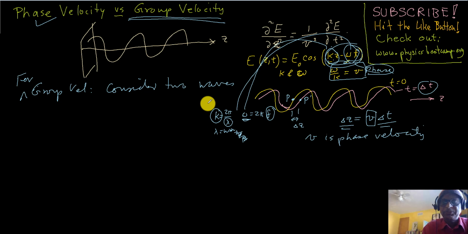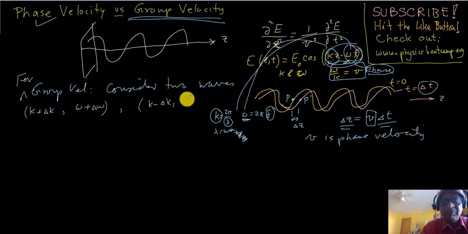Okay, so we have a wave with frequency omega plus delta omega and wave number k plus delta k. The other wave will be k minus delta k and omega minus delta omega. So our light consists of these two waves, and they have the same E0.